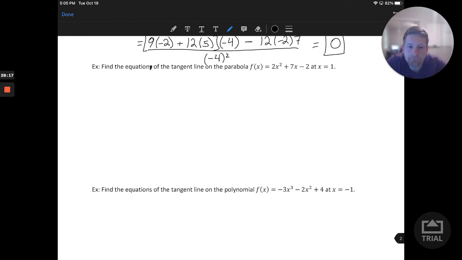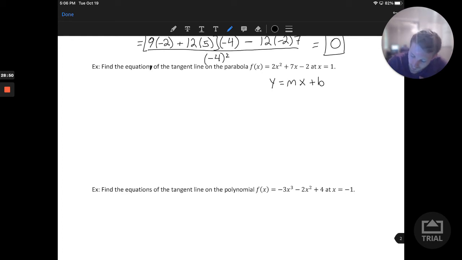Let's consider what we would need for a tangent line. A tangent line is again going to be in the form of y equals mx plus b. So what we need for a tangent line is an instantaneous rate of change, or a tangent line slope. And the way we get that tangent line slope is really to take the derivative at the point we're interested in, and this happens to be x equals 1. So one of the components we're going to want is the tangent line slope.